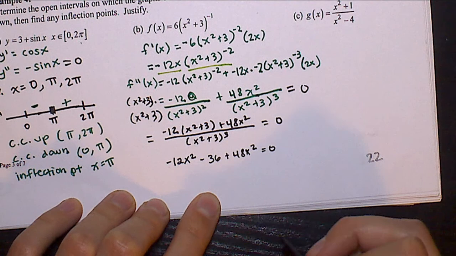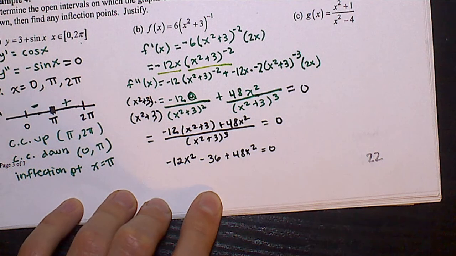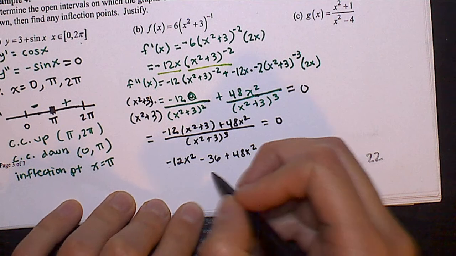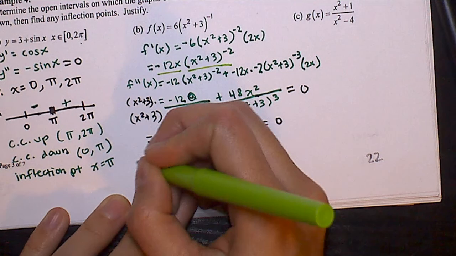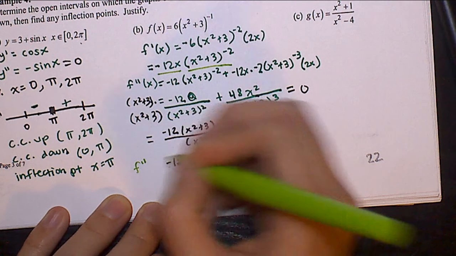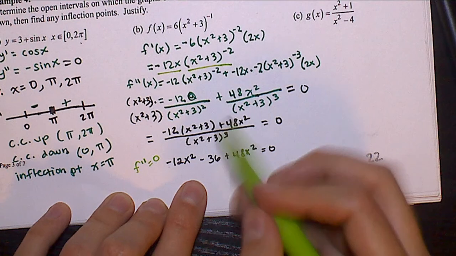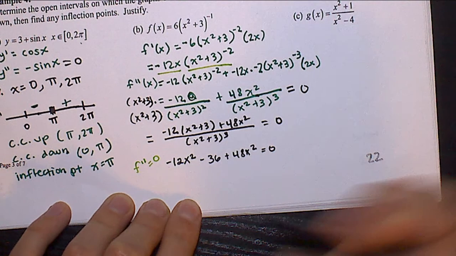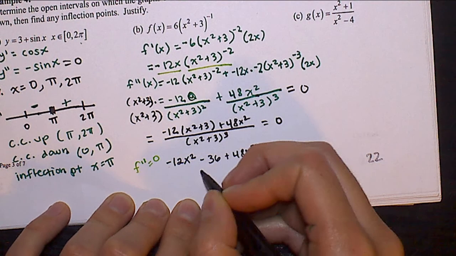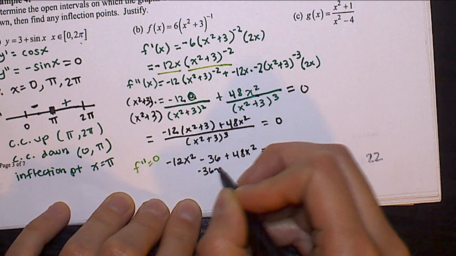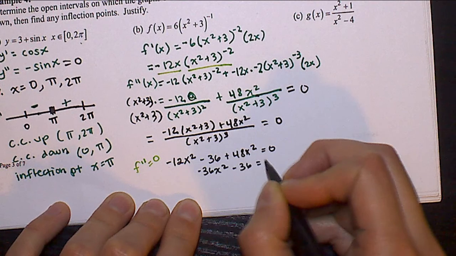I want to find where this equals 0, because I'm looking, just to note, where f double prime equals 0. So if the numerator equals 0, then the whole function equals 0. So this is negative 36x squared minus 36 equals 0.